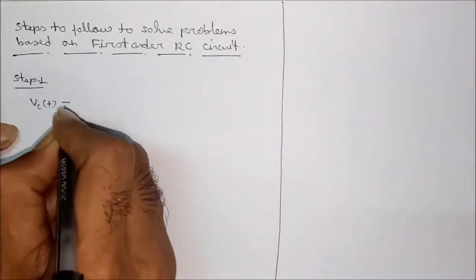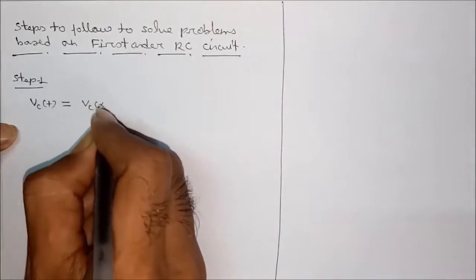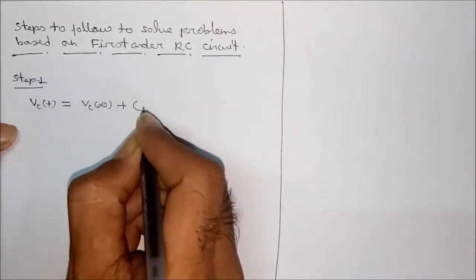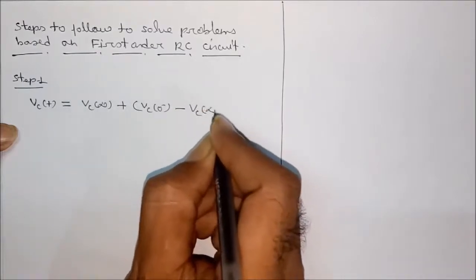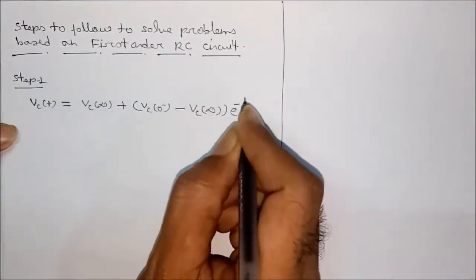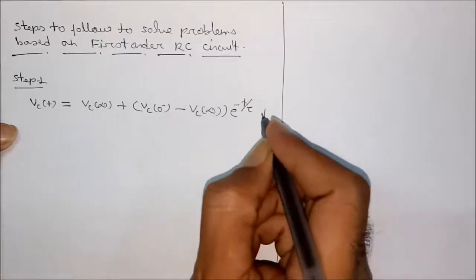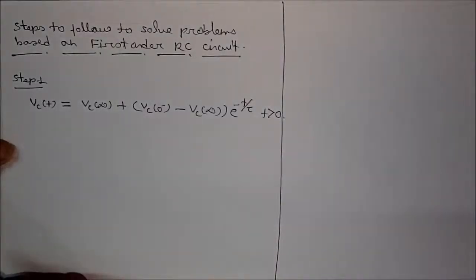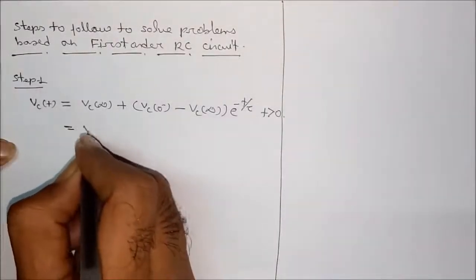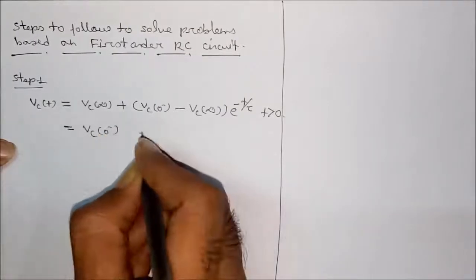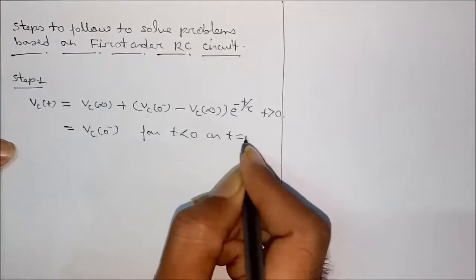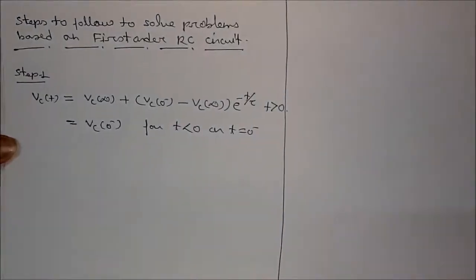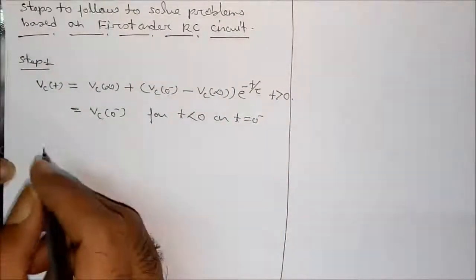VCT is equal to VC infinite plus VC0 minus VC infinite e to the power minus t by tau. This is for t greater than 0. It is equal to VC0 minus for t less than 0, or simply t is equal to 0 minus. Is it okay? This is the first step.